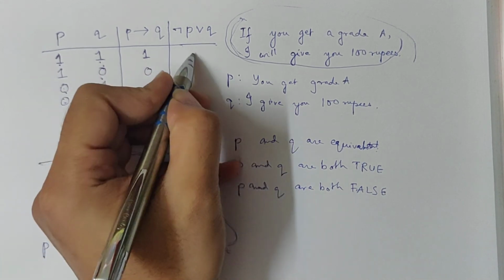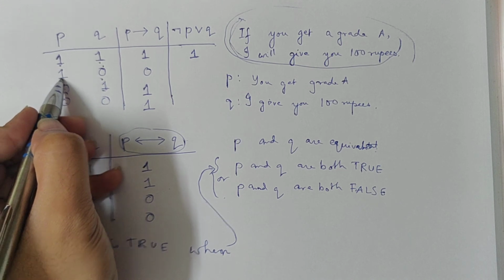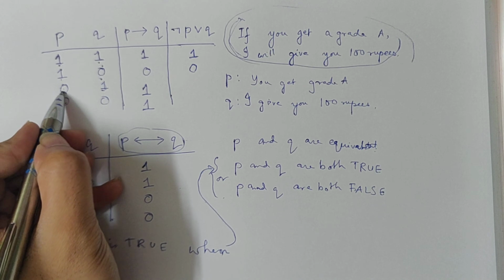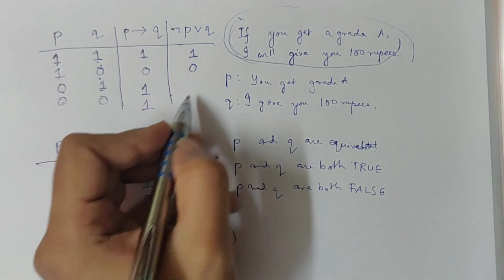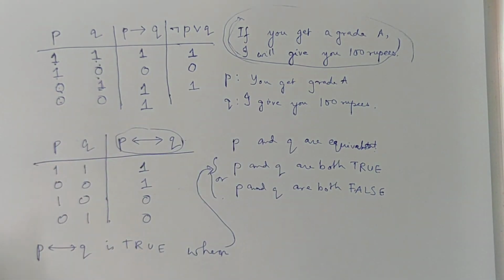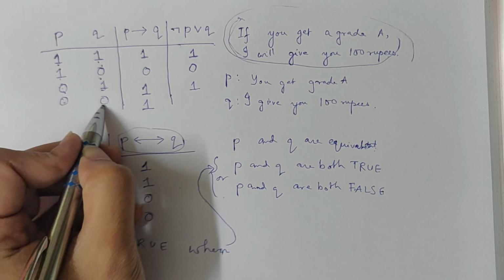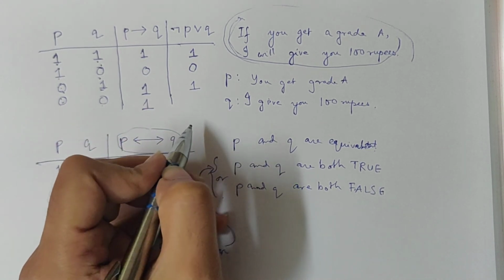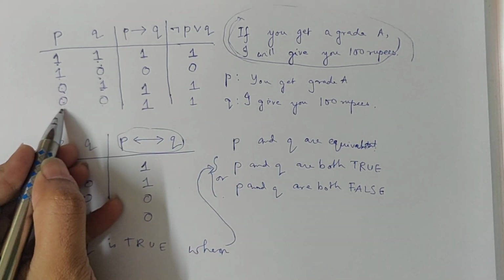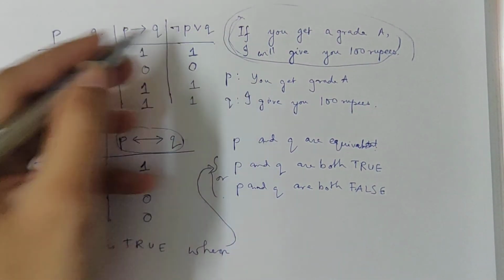Not P or Q is true, not P or Q is false, not P or Q, not P or Q, this is true, right? Because not P becomes true. Can you see the last two columns?